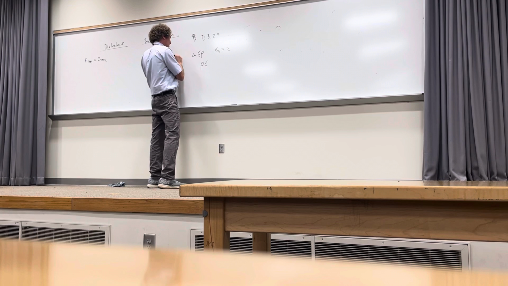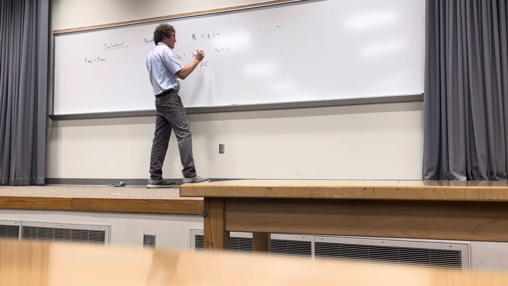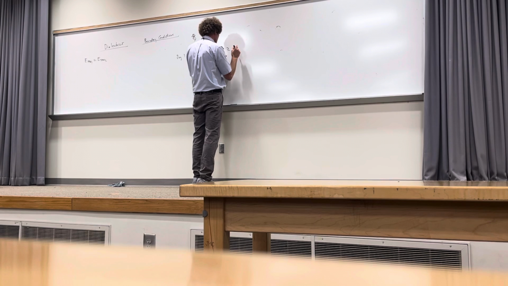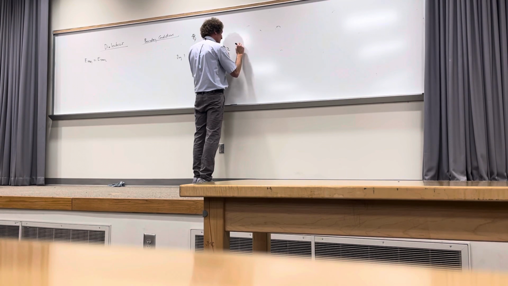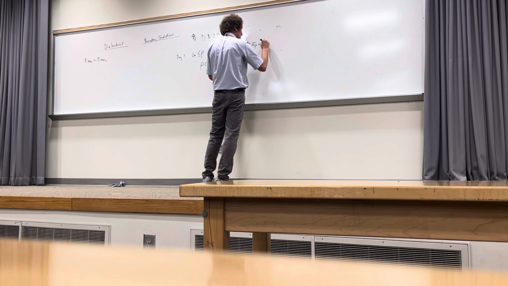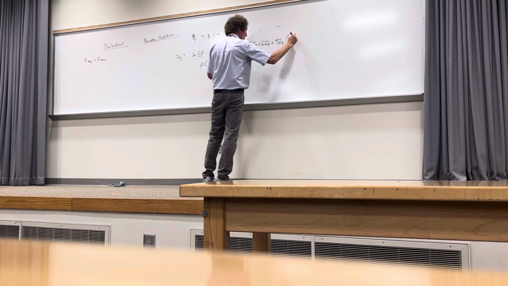This is region 1, right? Epsilon relative is equal to 2, and the E field is equal to 3 A rho plus 6 A phi plus 9 A z, volts per meter.